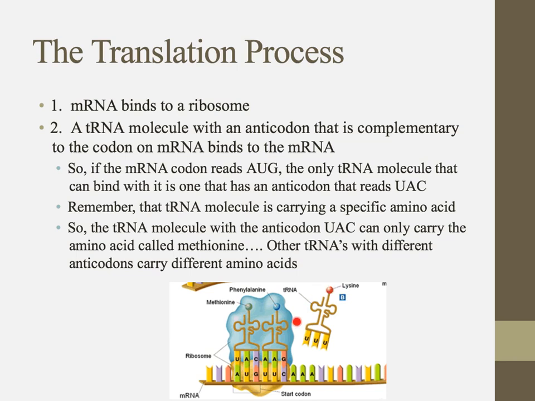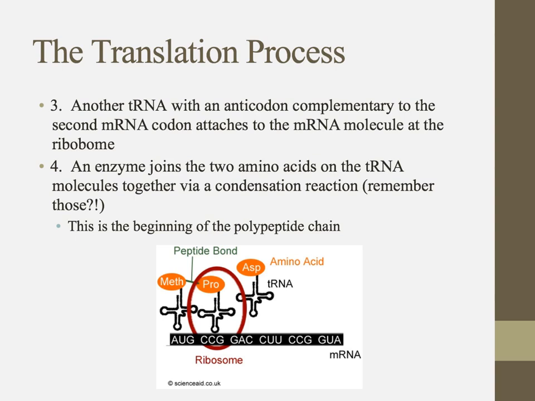Now, that tRNA with its specific anticodon carries a specific amino acid. So they're all unique. This process is going to keep repeating. Another tRNA with the next proper anticodon and its own amino acid is going to attach to the mRNA molecule.